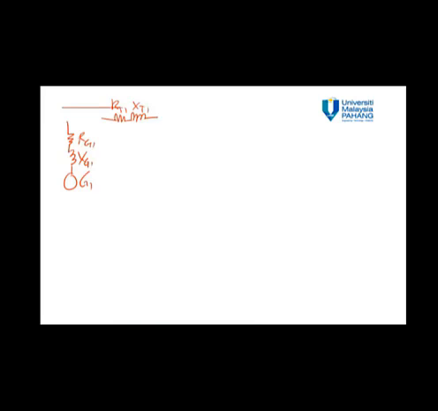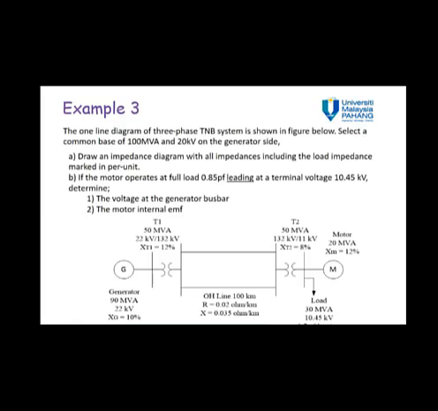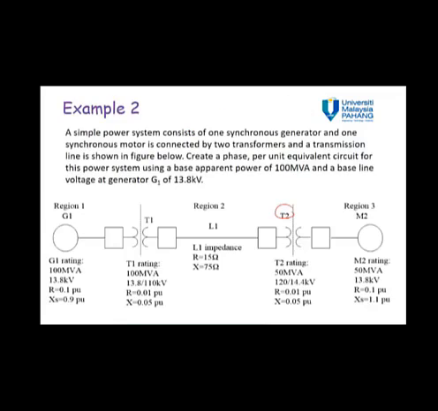We have the transmission line, R transmission line and X transmission line, and then we have another transformer T2, with RT2 and XT2. Then we have a motor at the end of the bus. Just ignore this box, this is a circuit breaker. So we have motor M2 connected at the load bus.